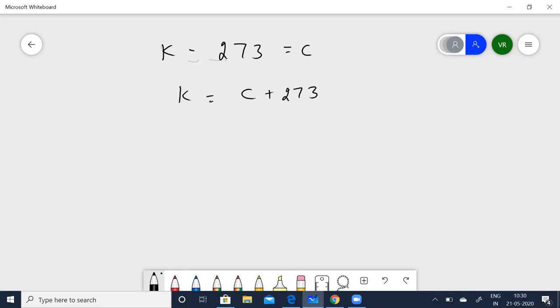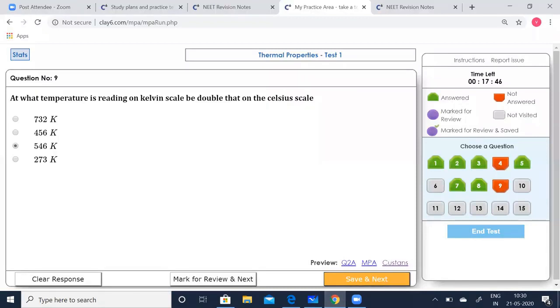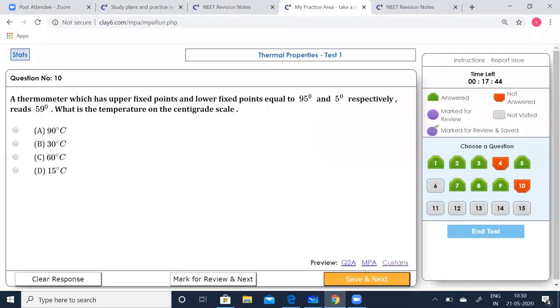Now he says it should be double, that should be equal to 2C. So 2C is equal to C plus 273, so C is 273, and K is 2 times 273, which gives you 546. So 546 Kelvin is the correct answer. Save that, go to the next.